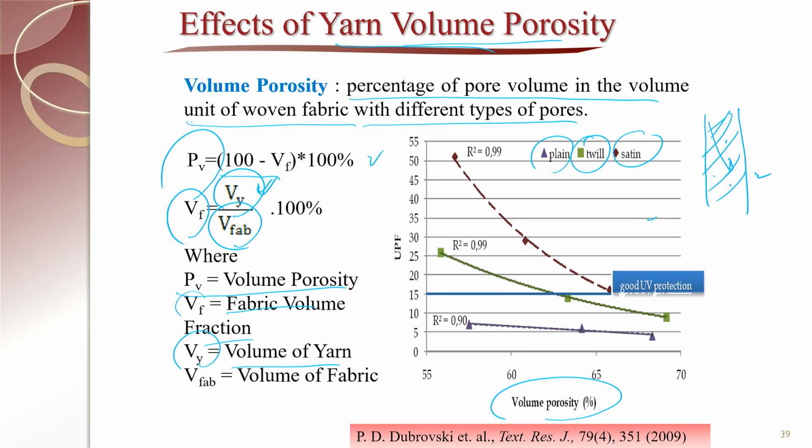Here we are talking about the volume porosity, how much volume is covered. If the volume porosity is increased, then the UPF value reduces. That means it depends on how porous the structure is. If the structure is more porous, that will allow the UV ray to pass through easily and the UPF value reduces.